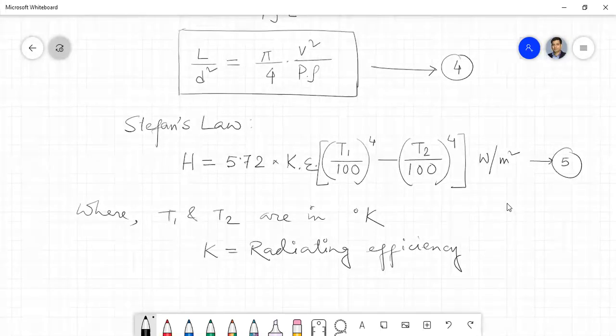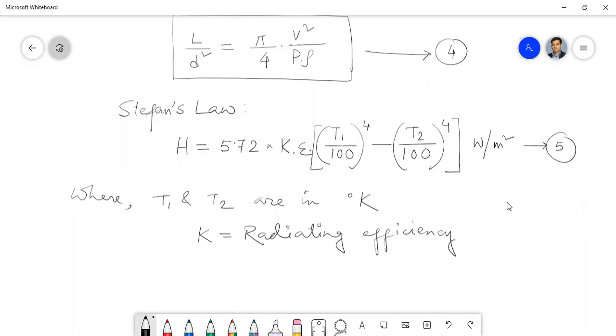It is 1 for a glossy surface, and it can also be 0.9, 0.5, like that.